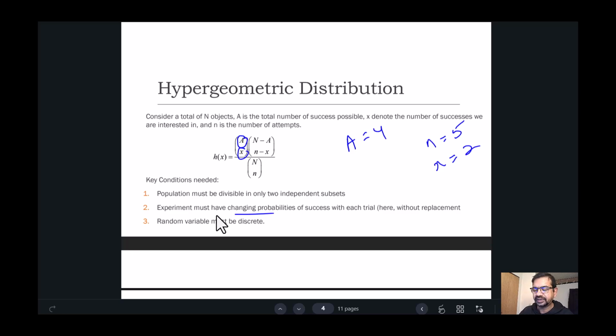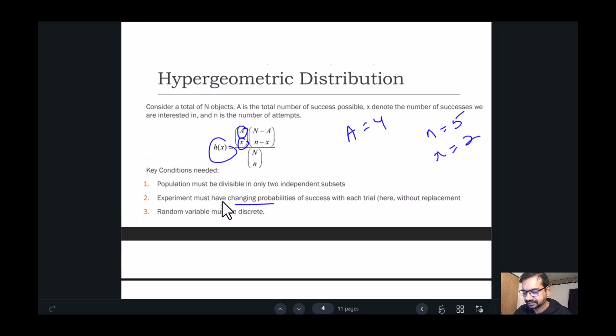If these three conditions are met, then the probability distribution function of such a random variable can be classified with the hypergeometric function. We can do these calculations once we have our capital A, our N, our X, and we can pretty much calculate anything on this distribution.